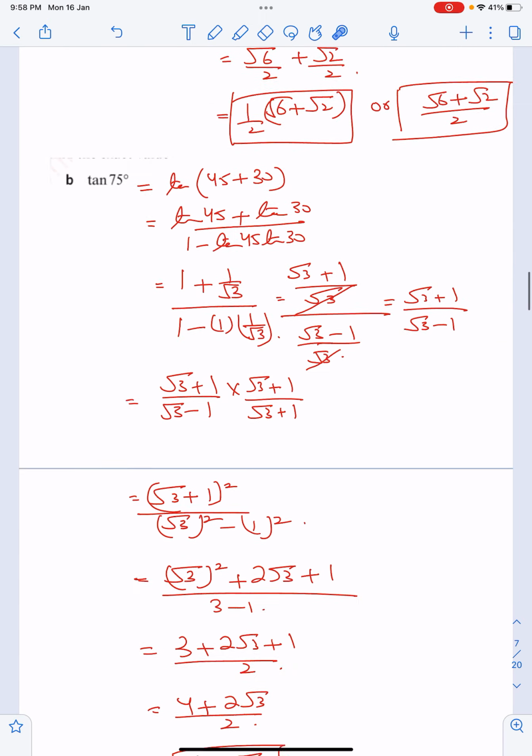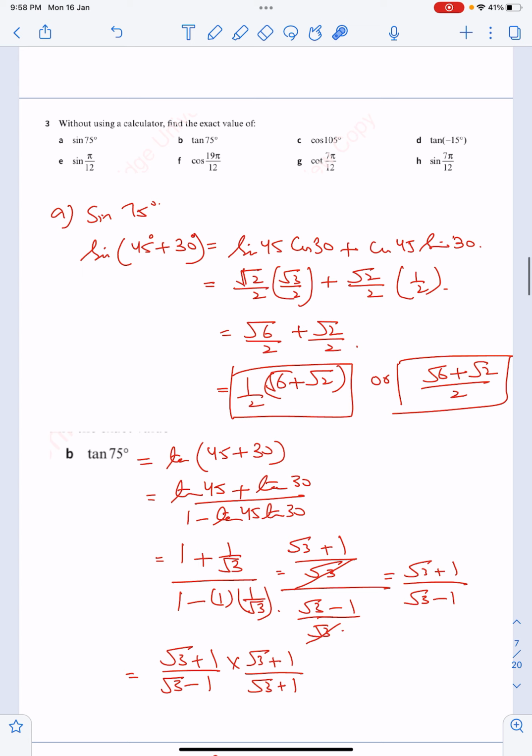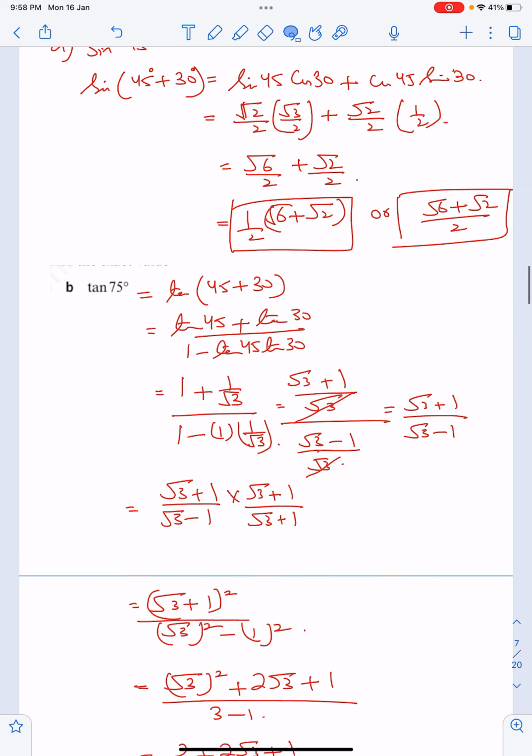Okay. So moving on to question number 3, the E part, sine of pi by 12.